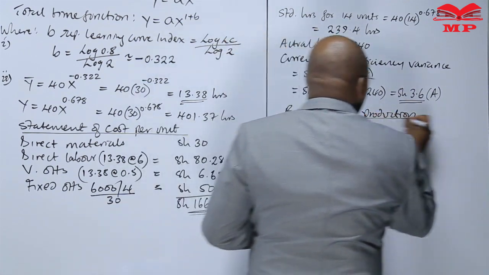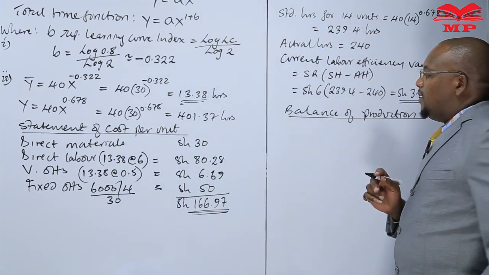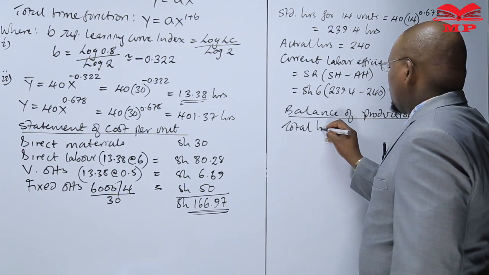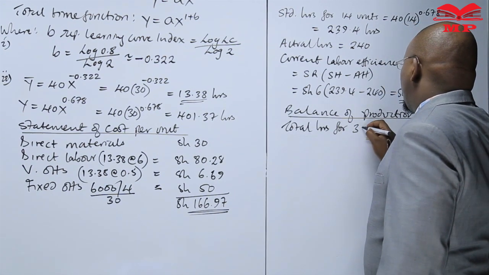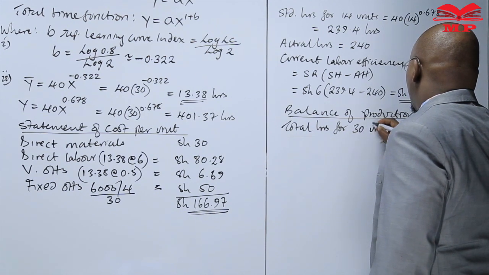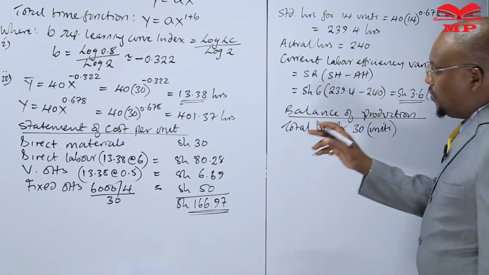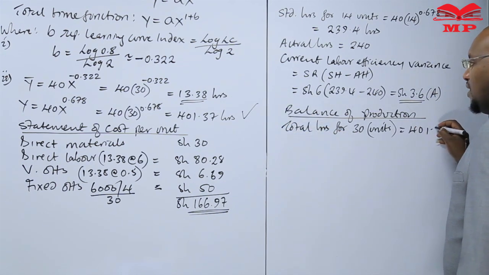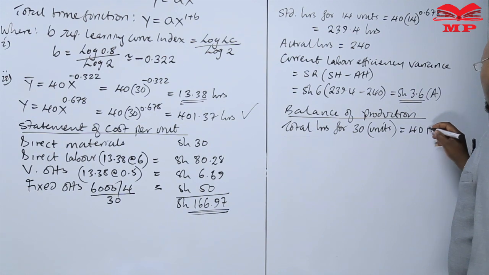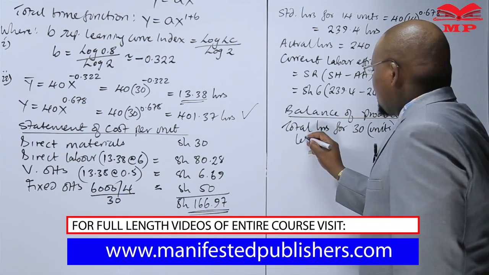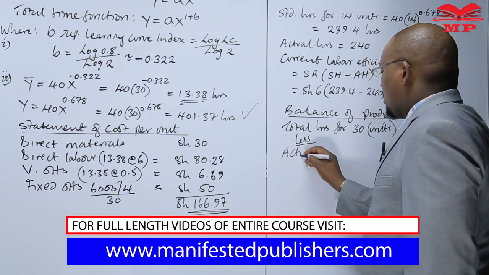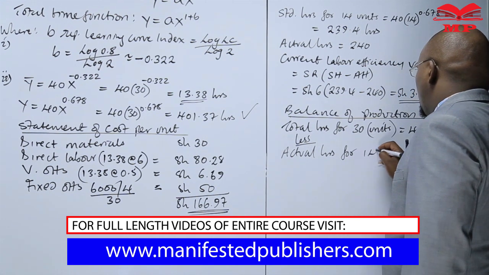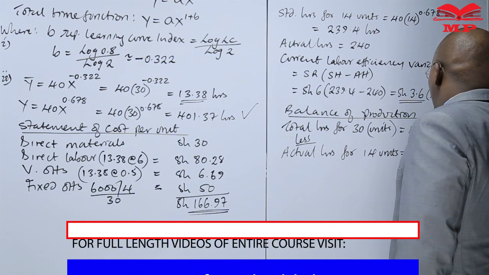The total hours for 30 units is 401.37, less the actual hours used for 14 units, 240.